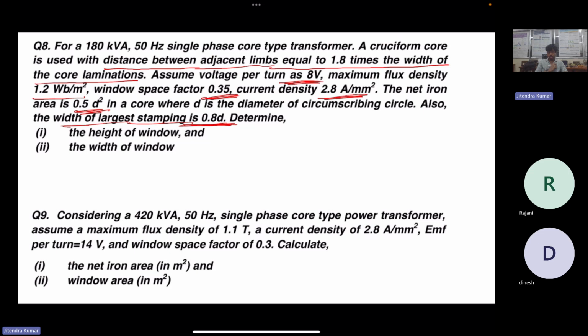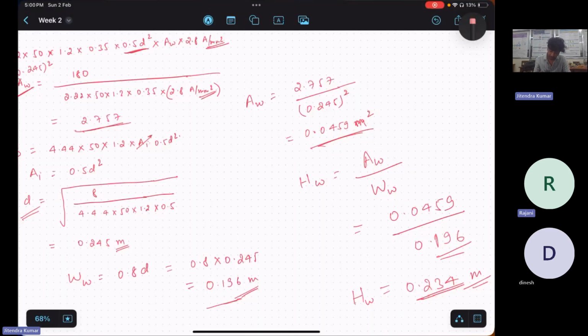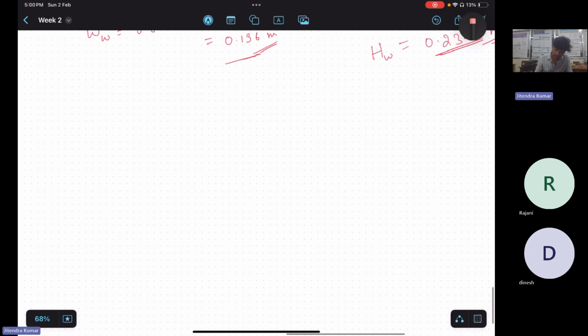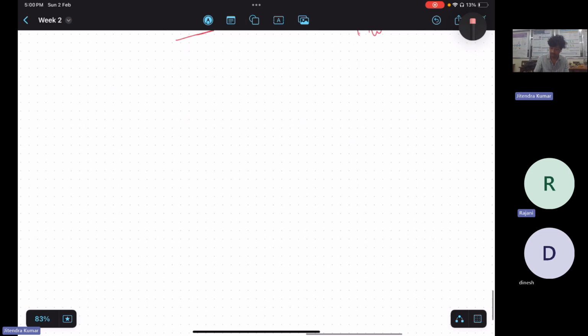Okay, so if you calculate that, then see what difference it will create. The distance between limbs: let's suppose you have a core like this.